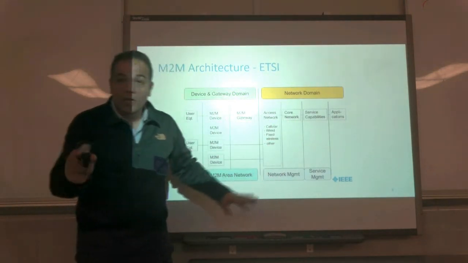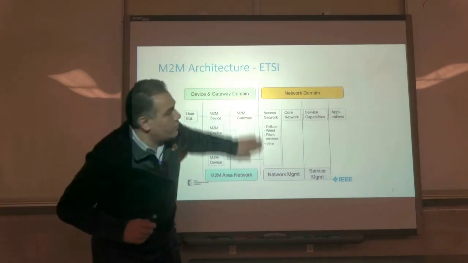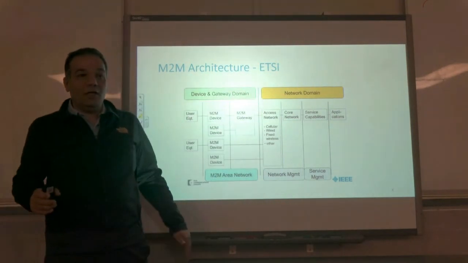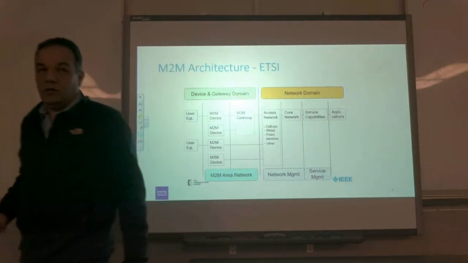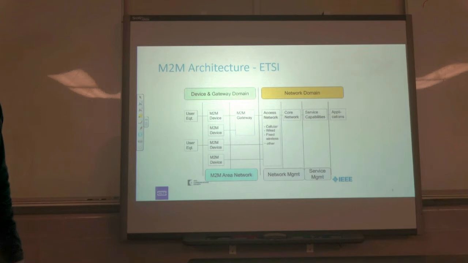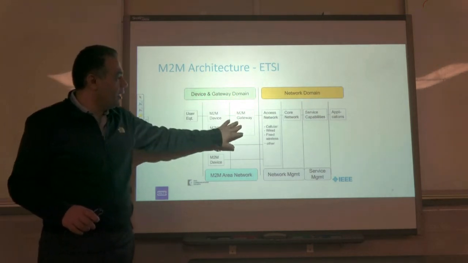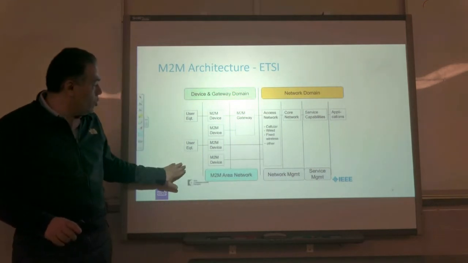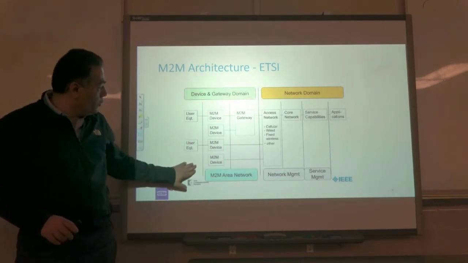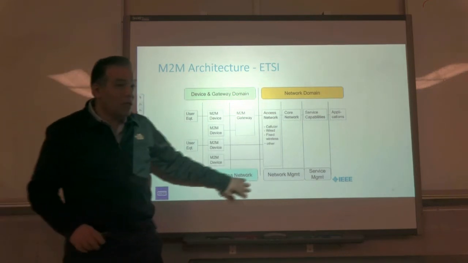Maybe as the inventor, that's your territory, and you have to find a way to plug yourself into the network. You could have user equipment connected to the device, to the gateway, or maybe no gateway at all, or maybe no user equipment at all. Depends on the application.